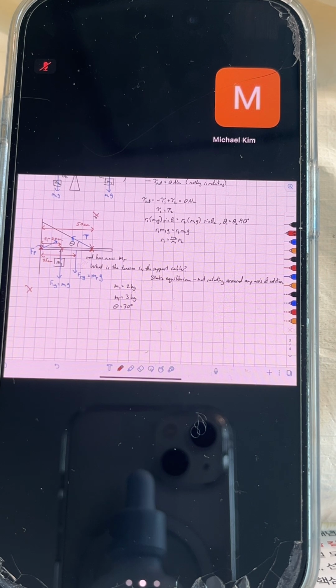And you can think about this. This is analogous to when we talked about translational motion. We said that when you pick your coordinate system, it doesn't matter what you pick for the orientation, what's positive, what's negative, right? As long as you use that coordinate system consistently, you'll always get the right answer, right? And we said the reason for that is, for example, for a box sliding down an inclined plane, the box doesn't know what your coordinate system is, right?